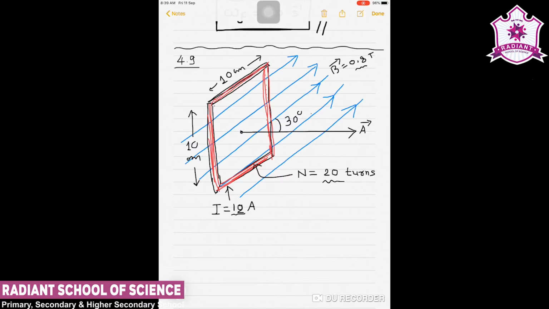The coil is suspended vertically and the normal to the plane of the coil makes an angle of 30 degree with the direction of a uniform horizontal magnetic field of magnitude 0.80 Tesla.